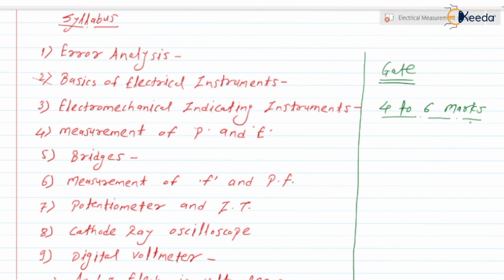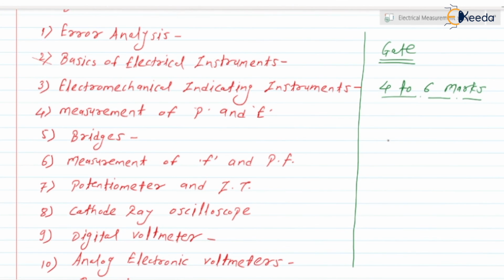Very simple course, and the basics are also very easy. If you know the basics of electrical engineering, you can understand the different constructions and operations of the different measuring instruments.